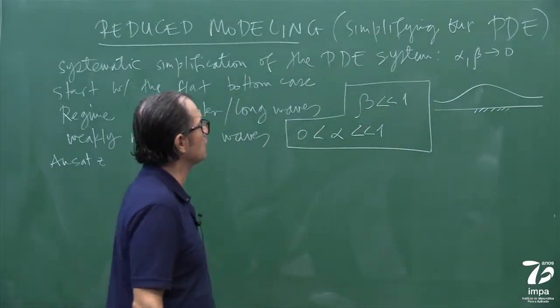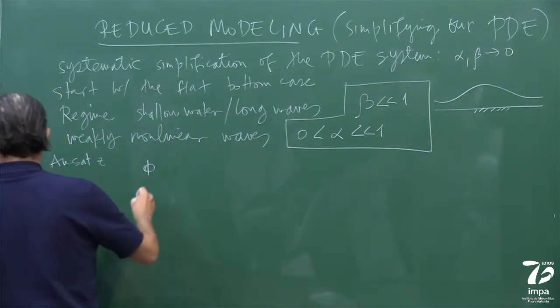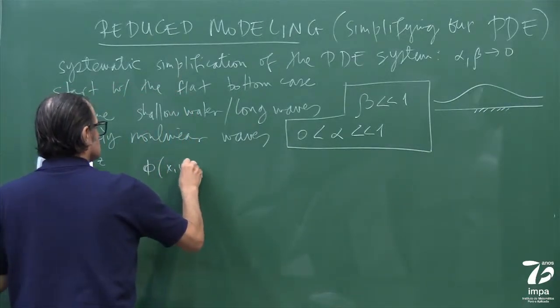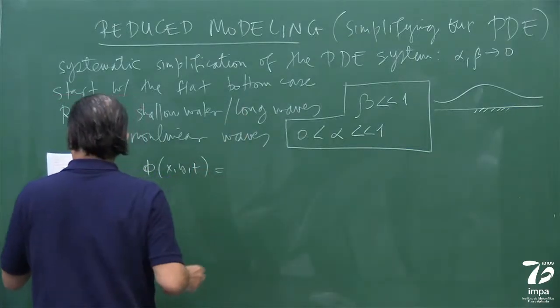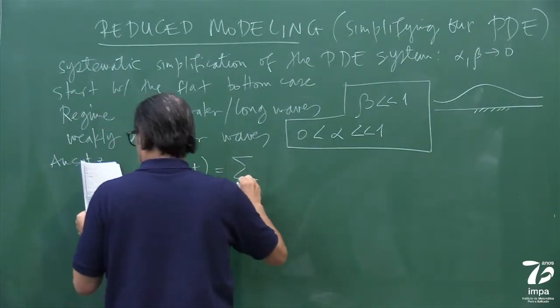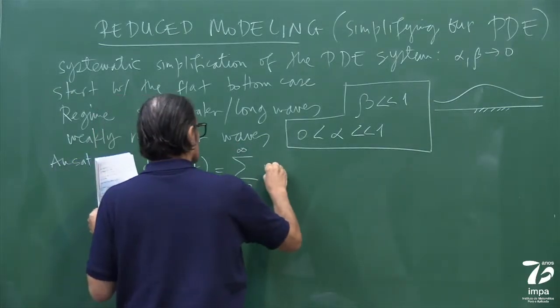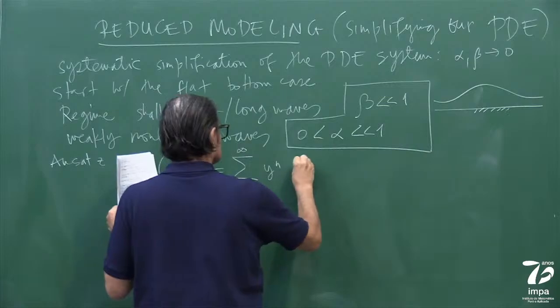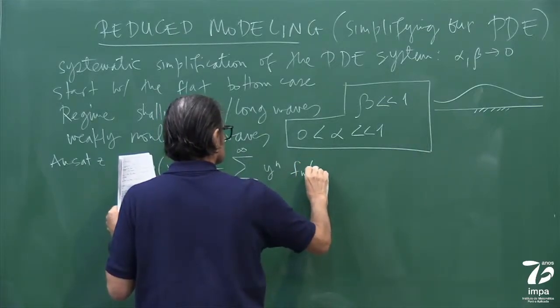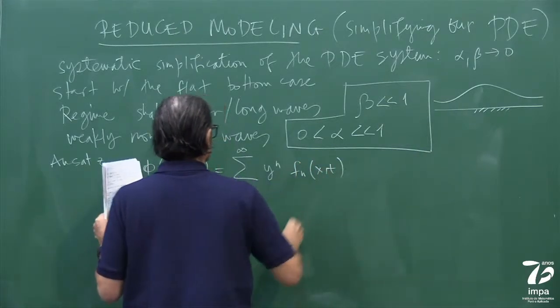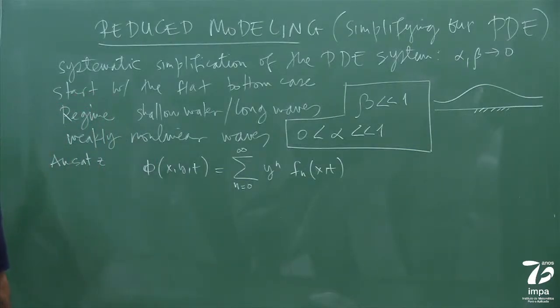So we have this long wave. So the ansatz is this. I don't know much about the problem, so I'm pretending I don't know much about the problem, and I want to do a power series expansion like Taylor series near the bottom. So this is the ansatz.